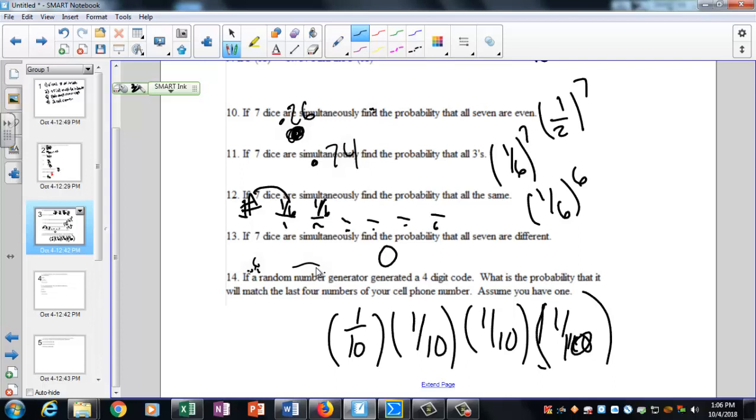Now, understand this: it's 1 in 10 because the numbers you can choose from are 0 to 9. That's 10 possibilities. So no matter what your phone number is, it ends in 4 numbers, and it's 1 in 10 for each one. That is 1 in 10,000.